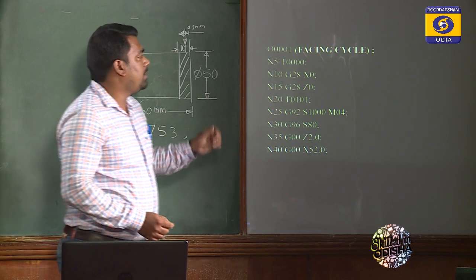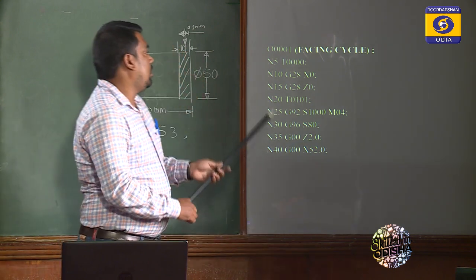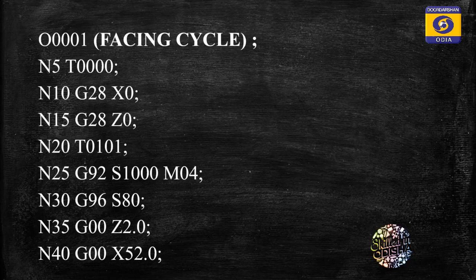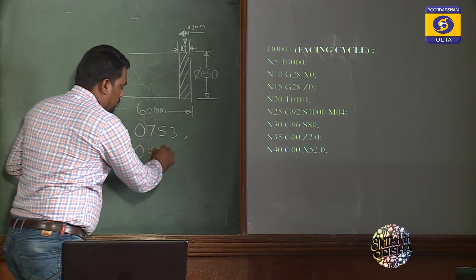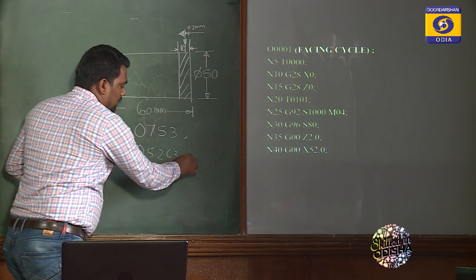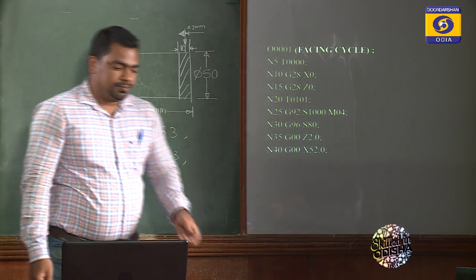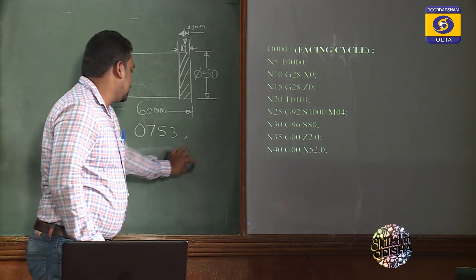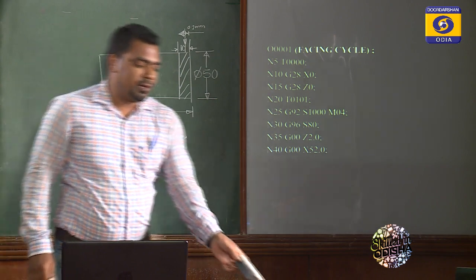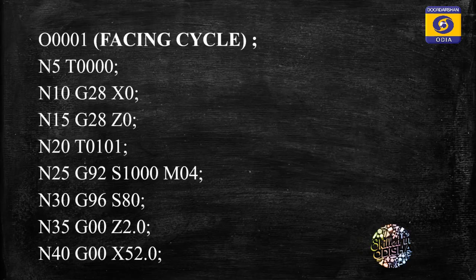Here I have given it as O0001. It can be any number, 5000, I can write O5263. So basically I have to give a program number. Suppose I am giving O753. Here I have given it as O0001.